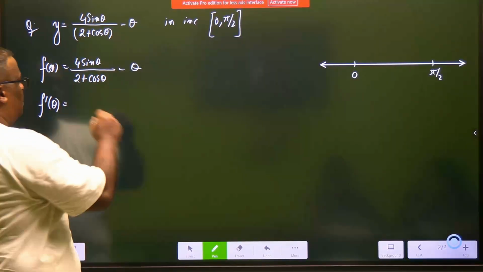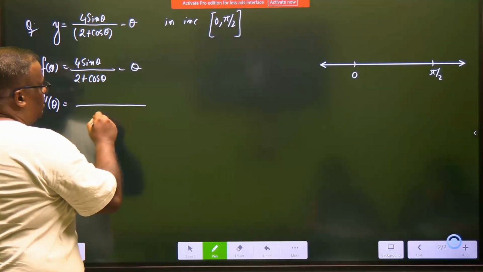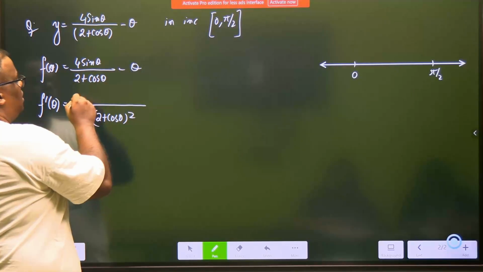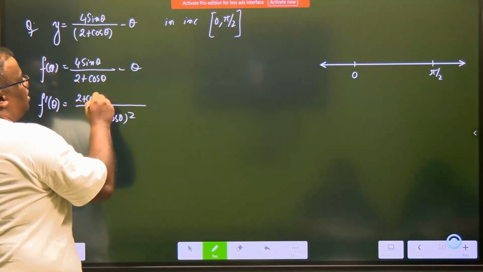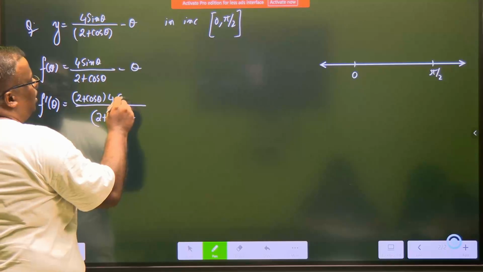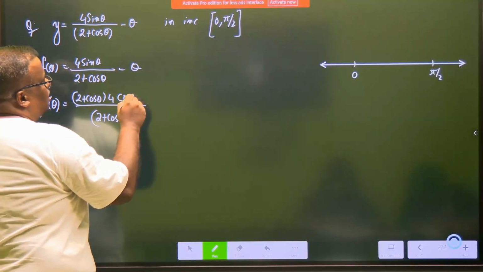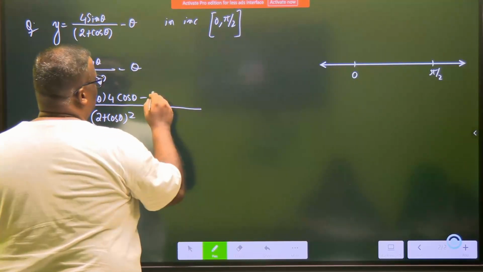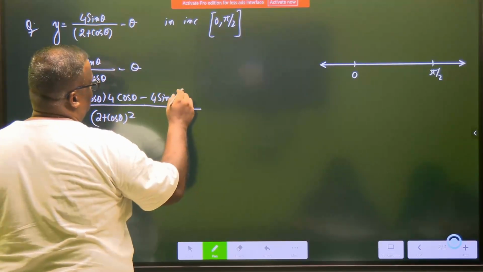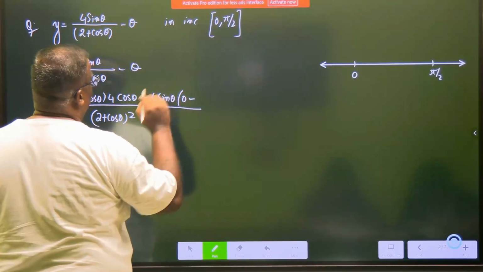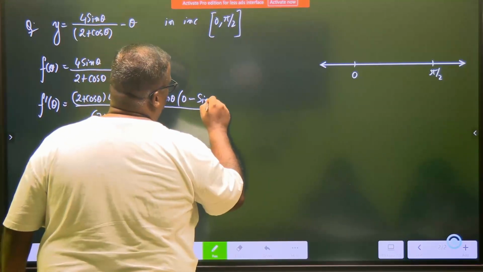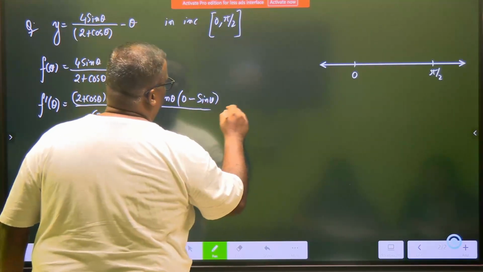First will be 2 plus cos theta whole square. Then 2 plus cos theta multiplied with 4 cos theta, minus 4 sin theta into the derivative of 2 plus cos theta, which is 0 minus sin theta, and then minus 1.